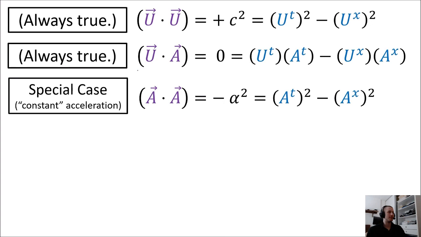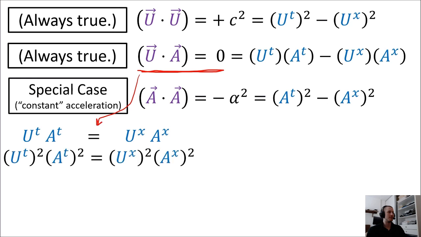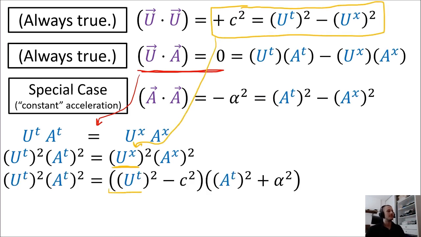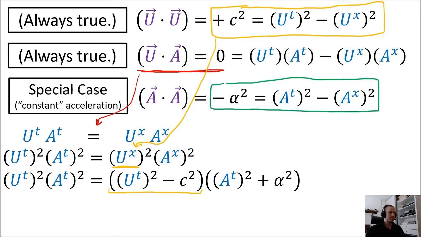We'll start with the fact that u and a are orthogonal: ut at equals ux ax. Then we'll square both sides. Now, based on u dot u equals c squared, we can replace ux squared with ut squared minus c squared. And based on a dot a equals negative alpha squared, we can replace ax squared with at squared plus alpha squared.